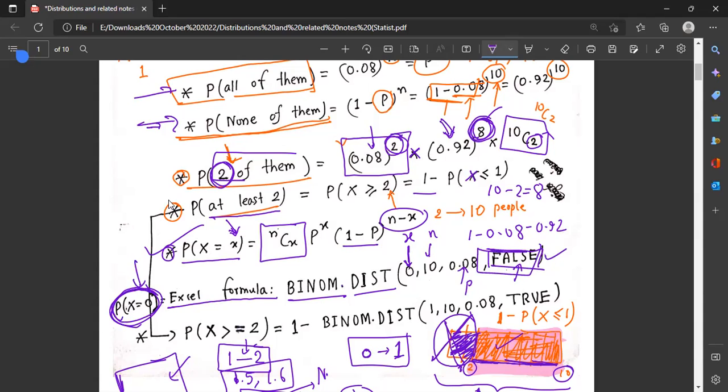But if you look here, at least 2, right? The probability is x greater than or equal to 2. So this is not just 1 point. This is the pink part I have marked here. So it is not only 2, it is 2, 3, 4, 5, 6, 7, 8, 9, 10.